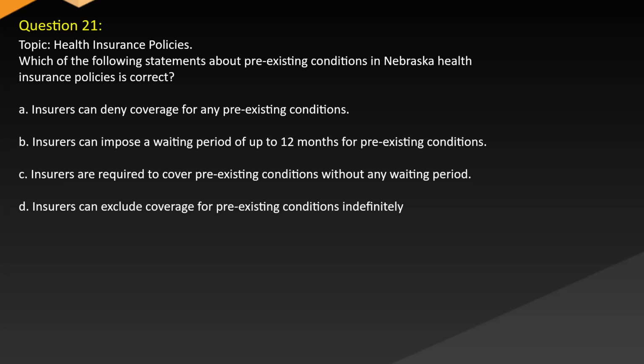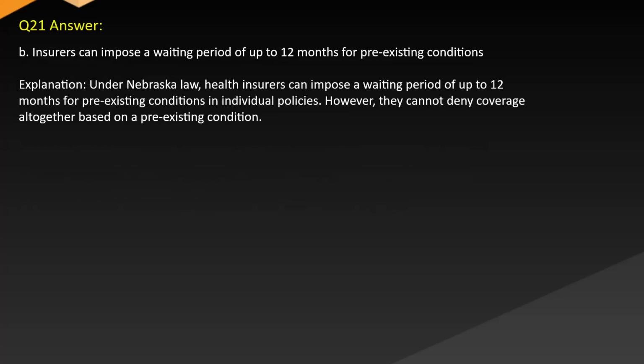D. Insurers can exclude coverage for pre-existing conditions indefinitely. Answer: B. Insurers can impose a waiting period of up to 12 months for pre-existing conditions. Explanation: under Nebraska law, health insurers can impose a waiting period of up to 12 months for pre-existing conditions in individual policies. However, they cannot deny coverage altogether based on a pre-existing condition.